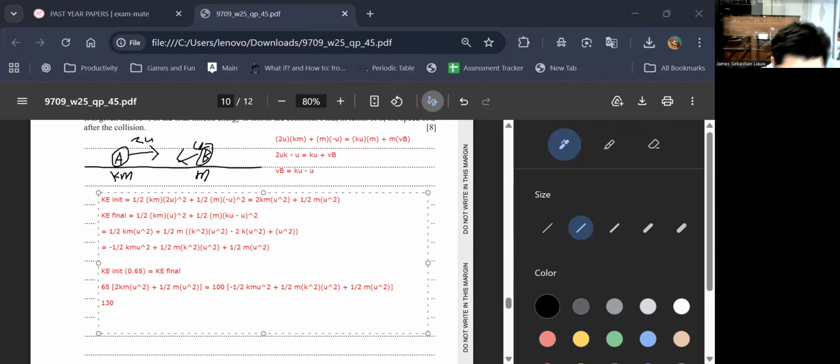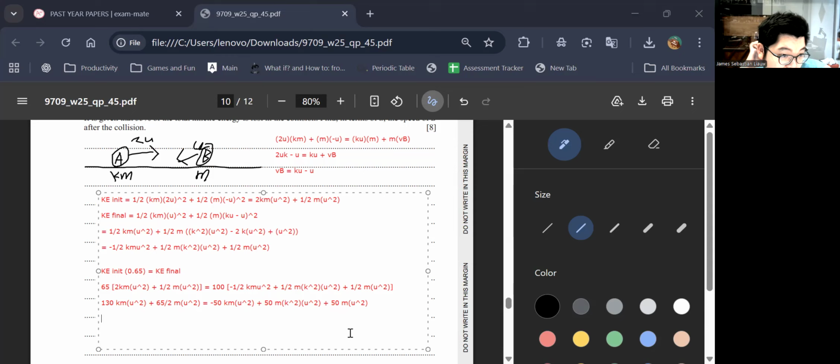This way we can make the expression a bit neater. That's the final kinetic energy.